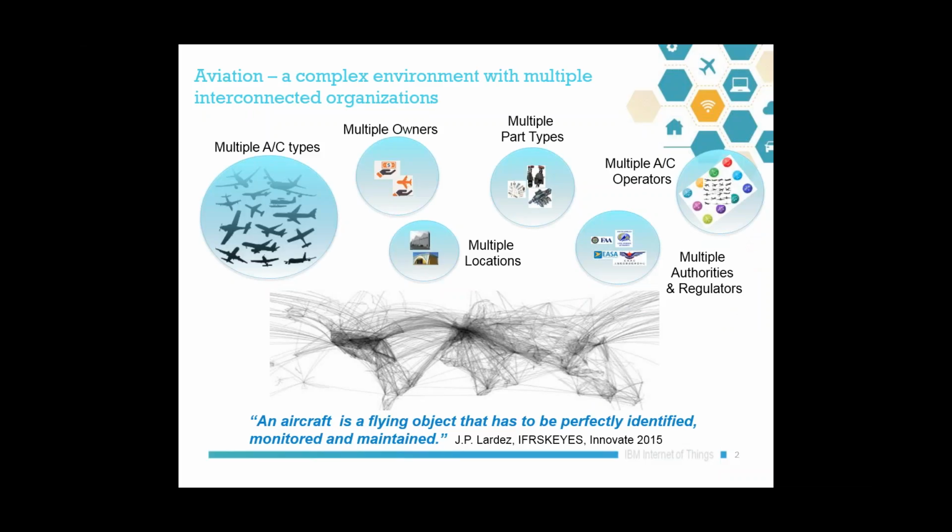So there are quite a number of very complex assets that Maximo manages, and many of them have similar traits. But one of the interesting parts about an aircraft and maintaining it was defined by one of our business partners and development partners, who described an aircraft as a flying object that has to be perfectly identified, monitored, and maintained around the world. The squiggles at the bottom of this chart are actually a trace of an aircraft during a period of time.